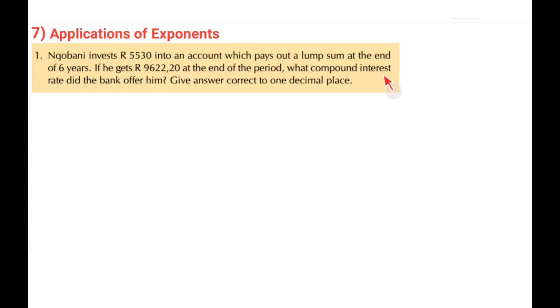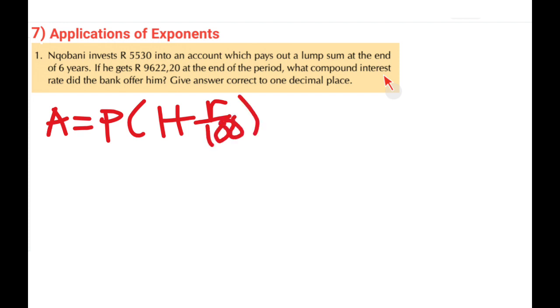Here is a situation where we're looking at a compound interest formula, where the formula is basically A equals P in bracket 1 plus R over 100, or I if you prefer, to the power of N. Let's keep that as an I instead of R over 100.